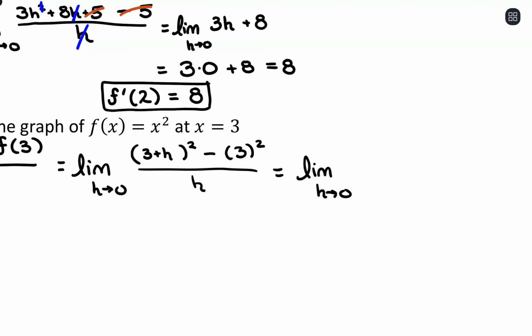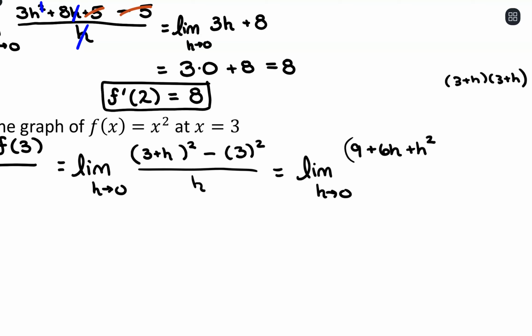Then what I'm going to do is evaluate that 3 plus h squared, which again should be this 3 plus h times 3 plus h. So we need to FOIL, and that should come out to, let's see, 3 times 3 is 9. And then we have a 3h plus 3h, so plus 6h, and then plus h squared.